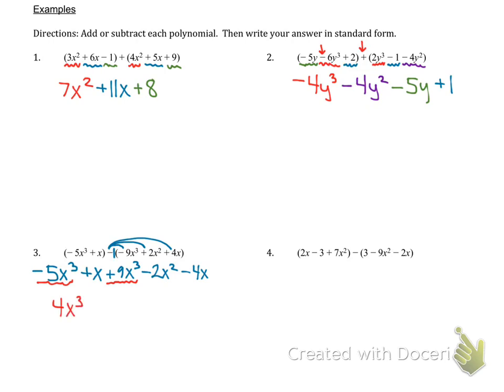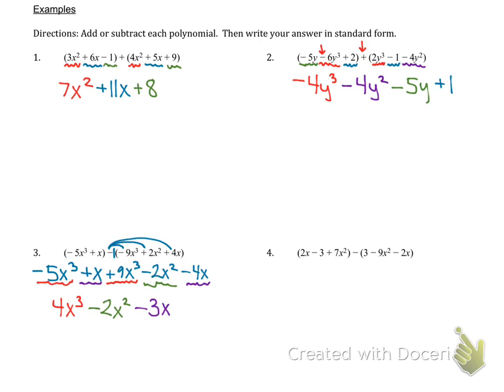My next biggest degree is my negative 2x squared, so I have minus 2x squared. And then last I have my x terms, negative 4x and positive 1x, and that makes a negative 3x. So there's my polynomial written in standard form.